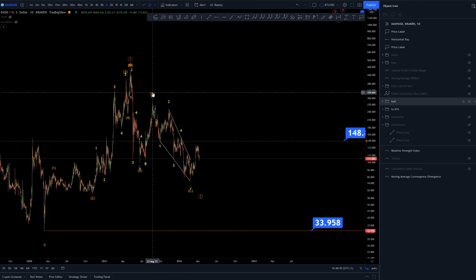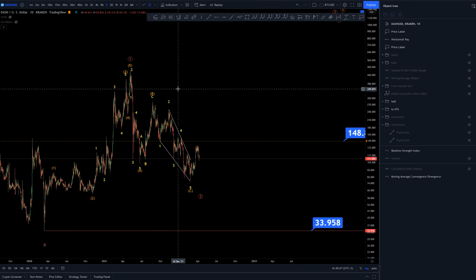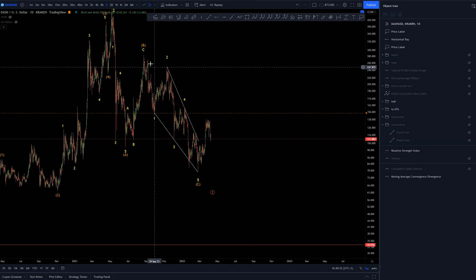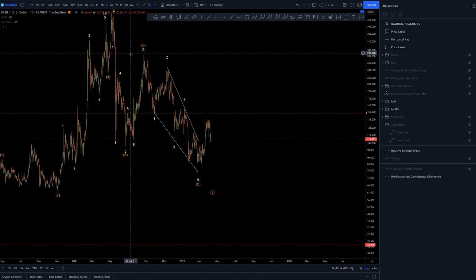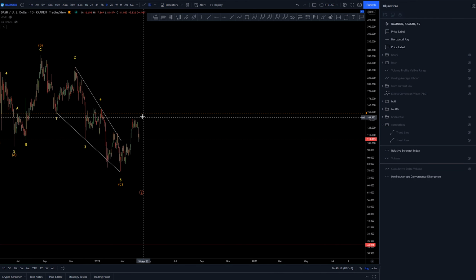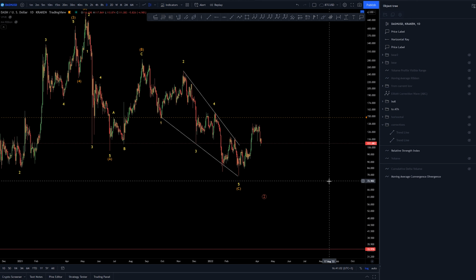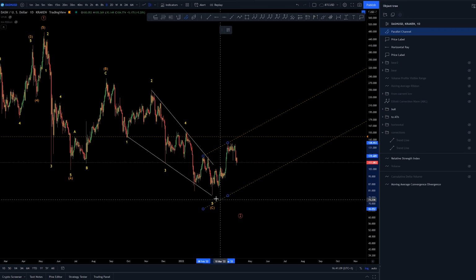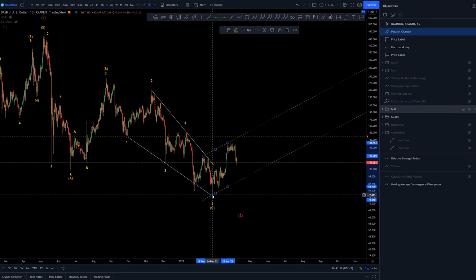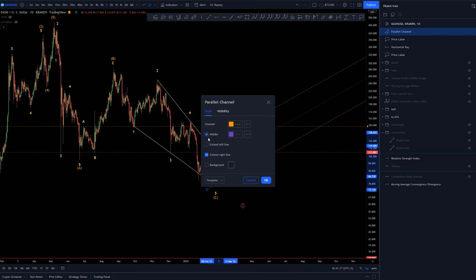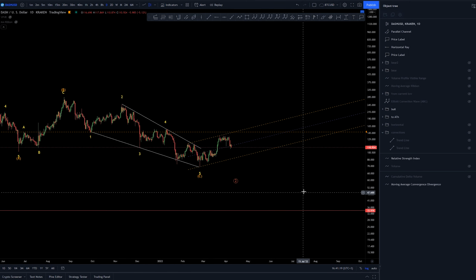If this is indeed the AB, and this is not the diagonal, we could be looking for a nested pattern of 1 2 1 2 1 2, but that is really unlikely as we already have some kind of pullback upwards. We could use some kind of a parallel channel here to see some kind of structure into this area.